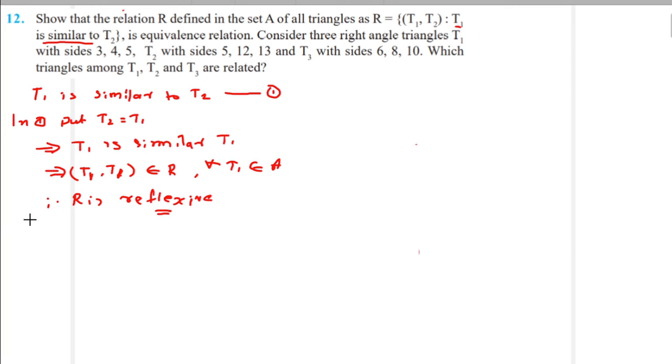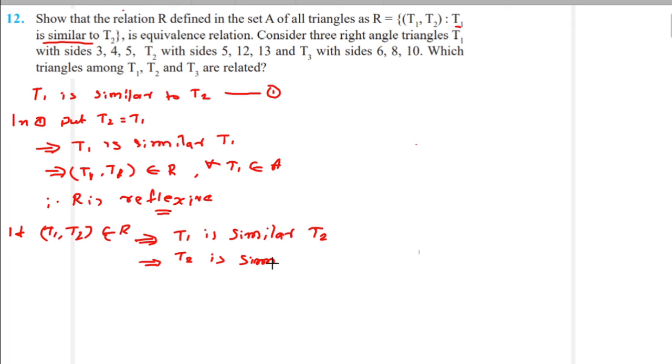Next you have to show symmetry. For that, if T1, T2 belongs to R, this implies triangle T1 is similar to triangle T2. T1 is similar to T2, same as T2 is similar to T1.